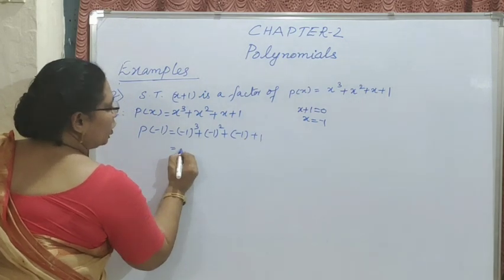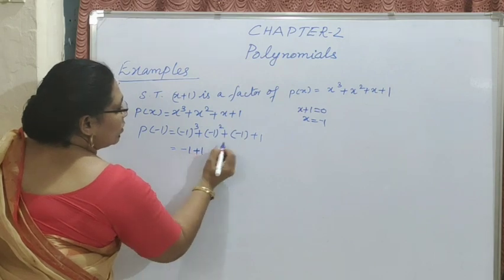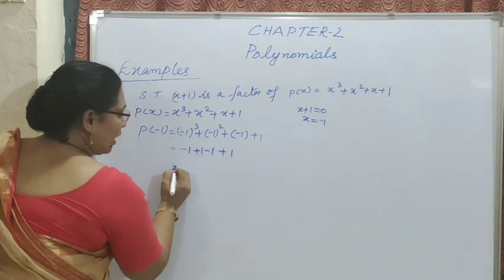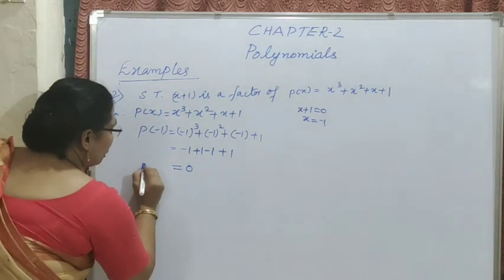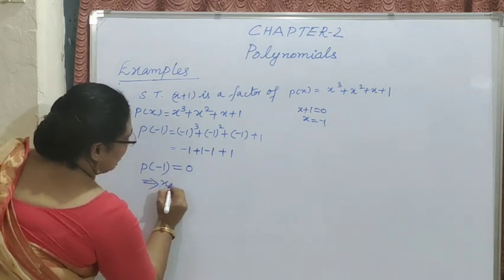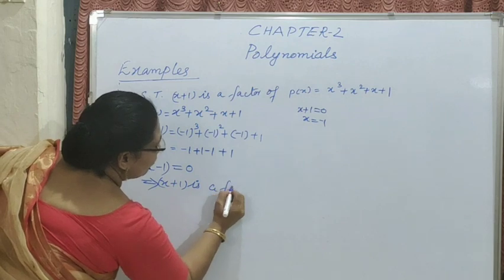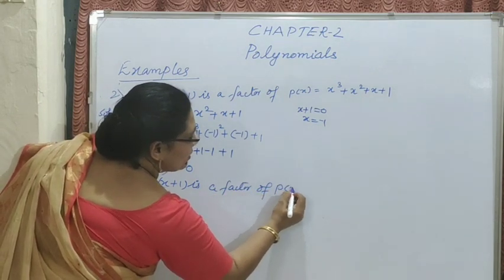So minus 1 cube is minus 1. Minus 1 square is plus 1 only. So minus 1 plus 1, everything will get cancelled. You are getting the answer 0. So p of minus 1 equal to 0 implies x plus 1 is a factor of p of x.